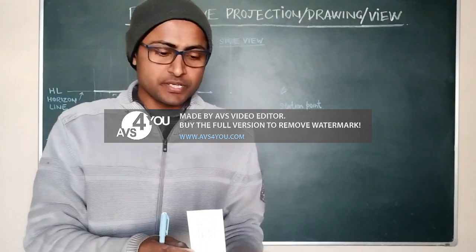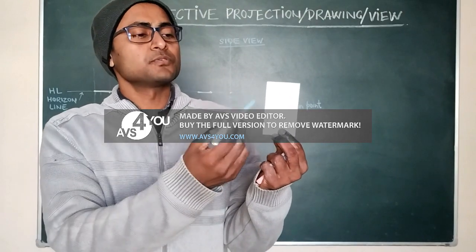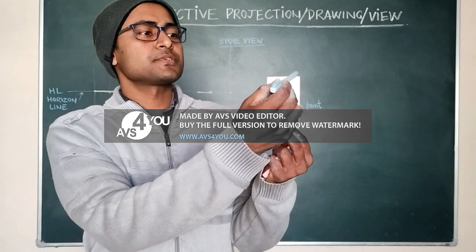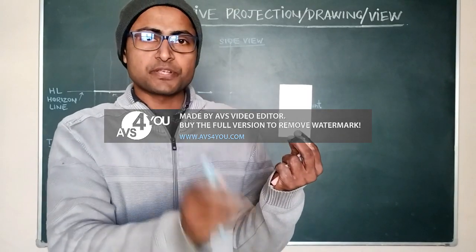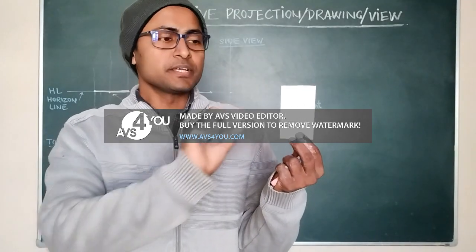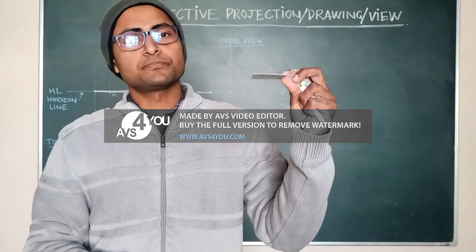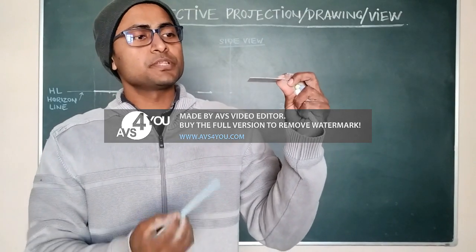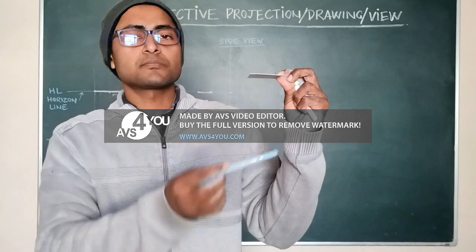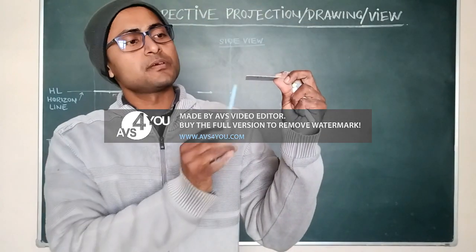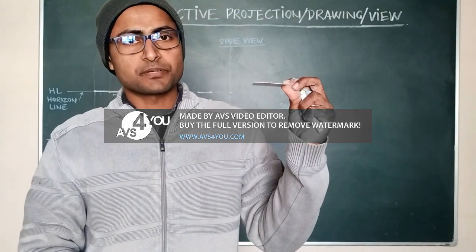So in the first case, I kept the object vertical. So in first case, all four lines were parallel to picture plane. In second case, I kept the object perfectly horizontal. Now in this case, again this line and this line are parallel to picture plane, but these lines are perpendicular to the picture plane.